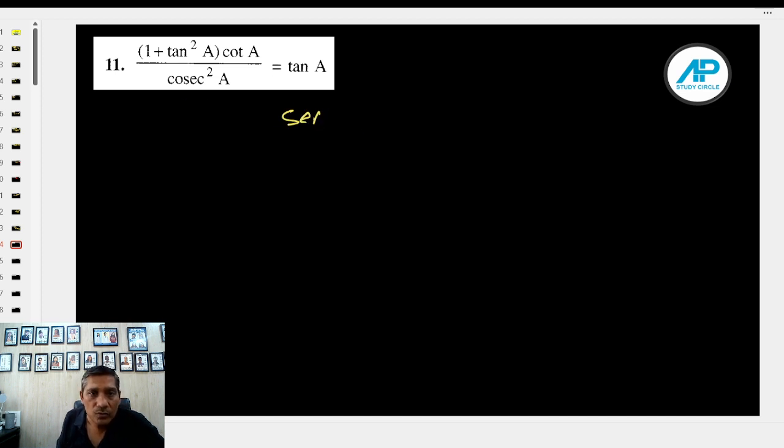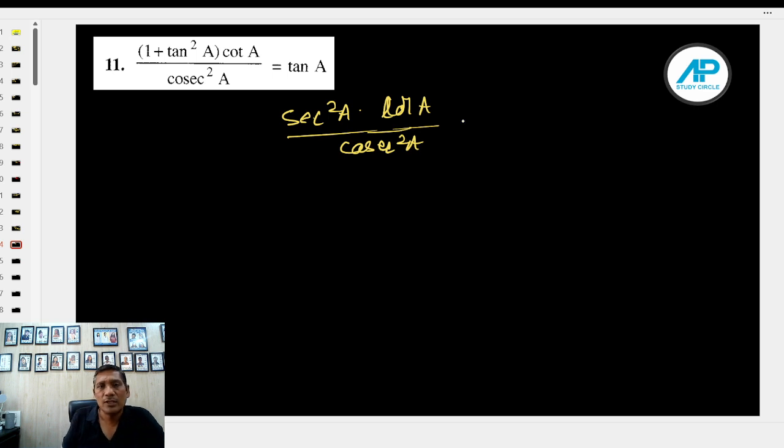So I got 1 plus tan square a. What it would give you? Sec square a into cot a upon cosec square. I want tan a. So at this junction now, I would change them all.